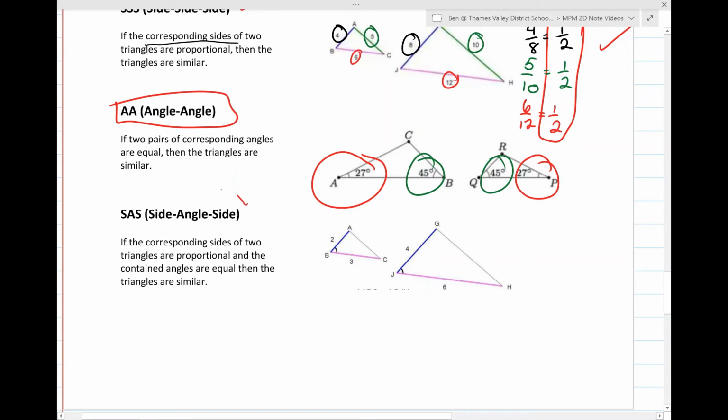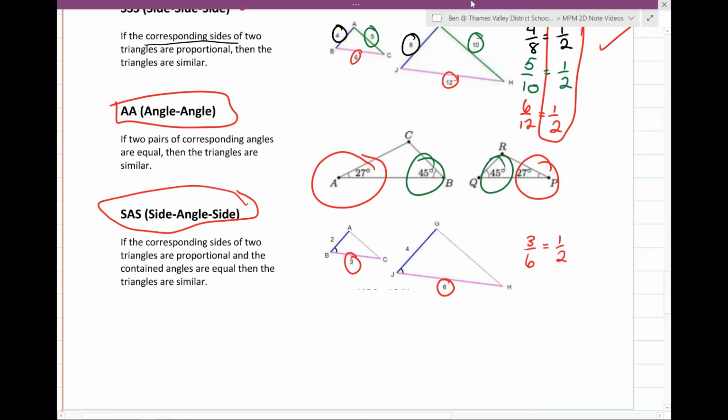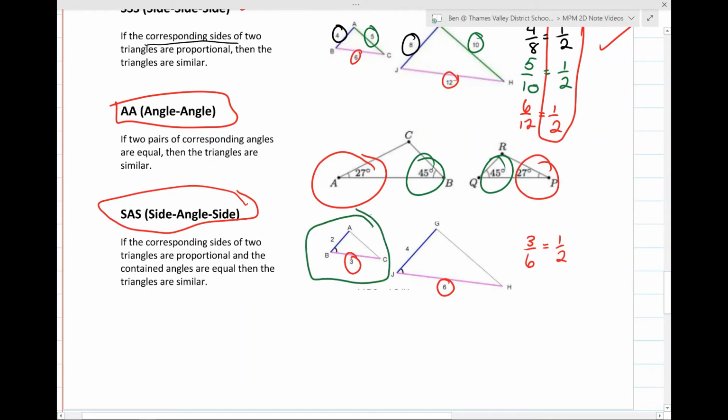And lastly, just like before, side, angle, side. If we have two pairs of similar sides, so here say we have 3 over 6, which equals 1 over 2. And then I can double check, and we need to stay consistent with our order. If my side length from this triangle was in my numerator before, then the side length of my next one also needs to be in my numerator.